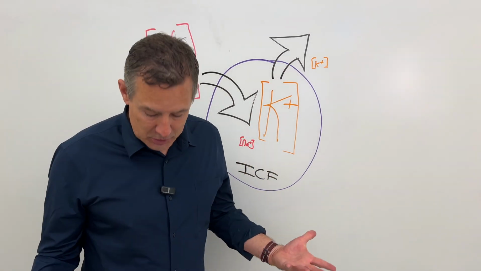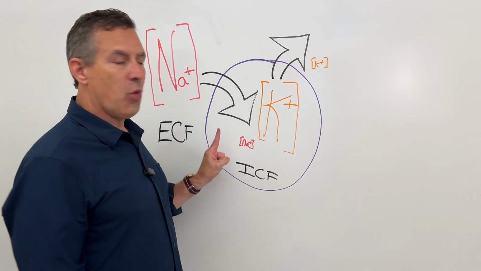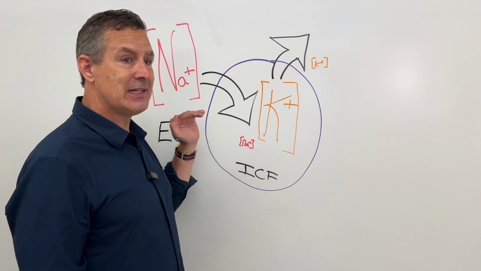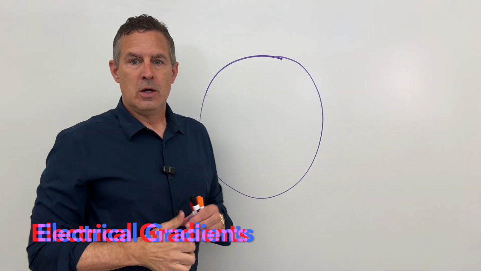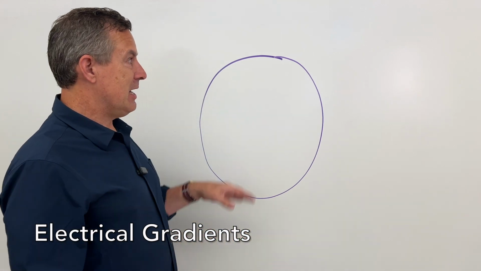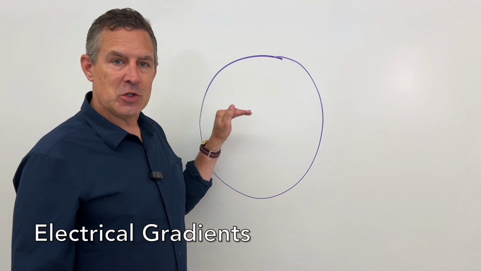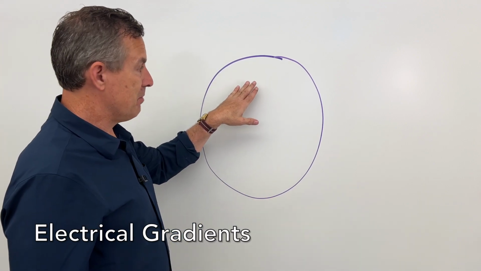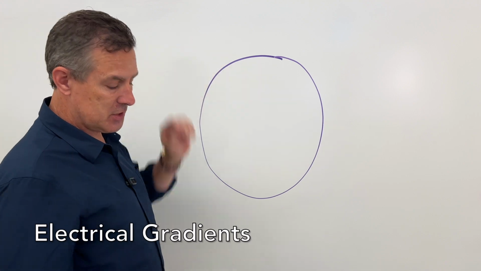Now, to be clear, there's one more factor we need to talk about with gradients, and those are the electrical gradients. When we're talking about electrical gradients, we need to understand that there's a differential in charge in most body cells from the inside of the cell to the outside of the cell.